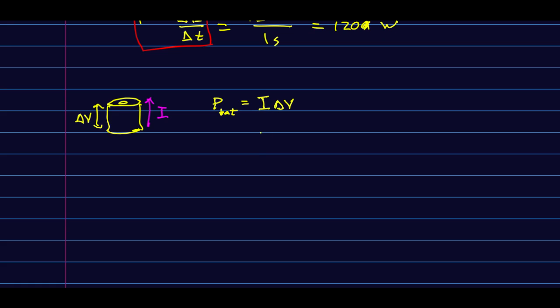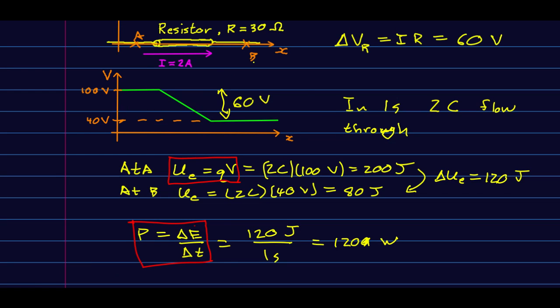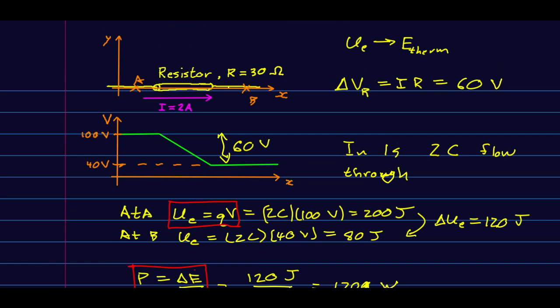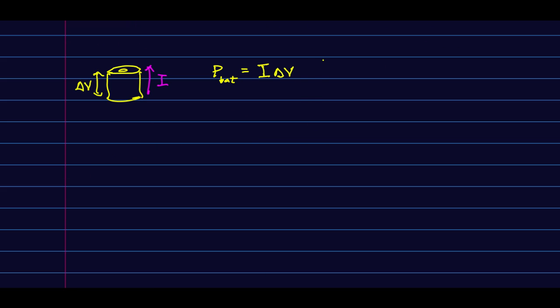But now look, there's another way with a resistor. So come back up to our resistor and note, we know that the power, so this is for a battery, that's always the case. And you can do this for a resistor if you know delta V and I. But you have another choice with a resistor, and this only works for a resistor.